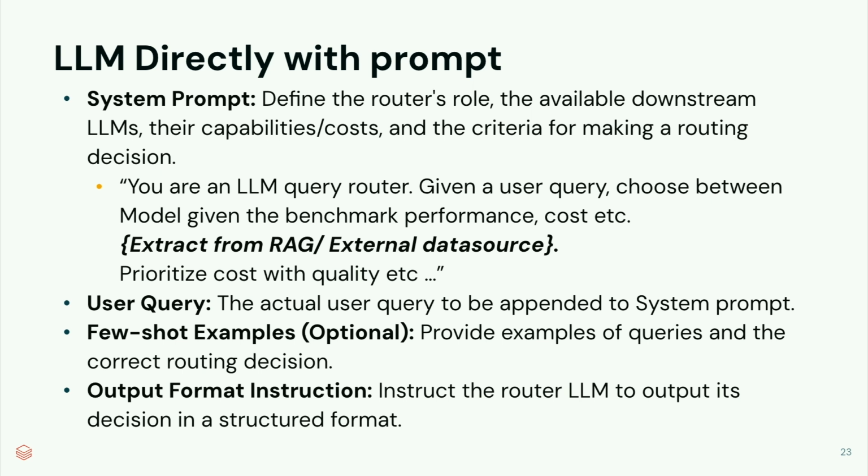So you are directly asking the LLM, please provide me the best LLM to route this to. And in this, we can add a few short examples of something that has been done in the past, or some examples through which the LLM can improve your performance by in-context learning. And of course, there is a way to do output formatting if you want a JSON object or some other format, whatever the specific use case you have for this.